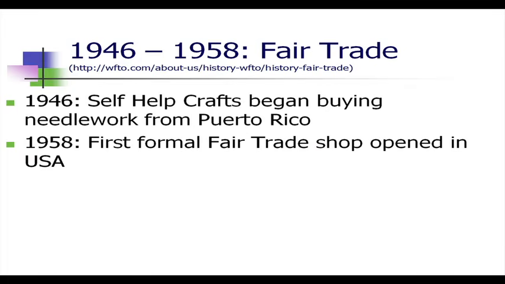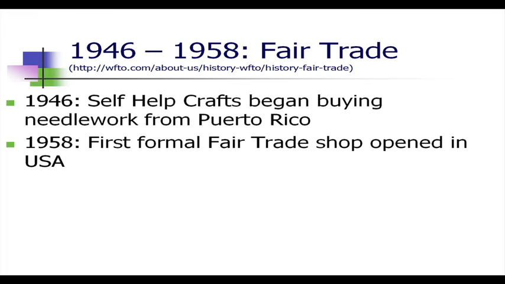Now, the first account of any responsibility to society comes from the fair trade practices adopted between 1946 and 1958. An organization that was called Self-Help Crafts began buying needlework from poor communities in Puerto Rico, and this was in the United States. And in 1958, the first formal fair trade shop opened in USA.